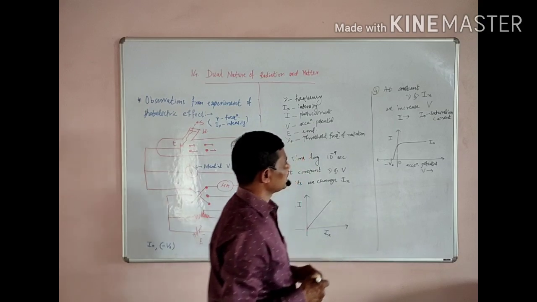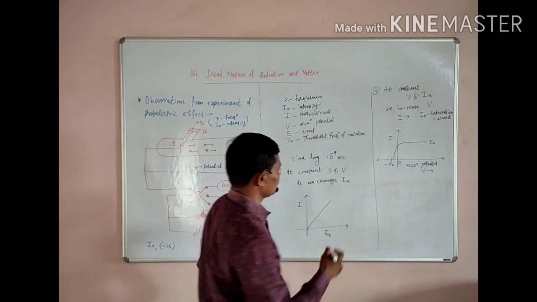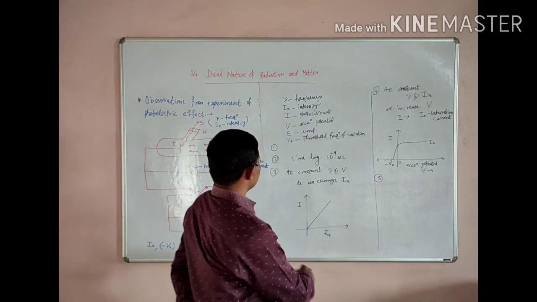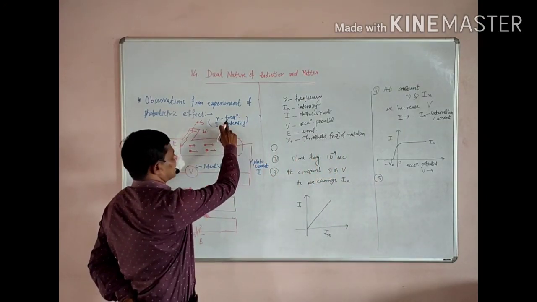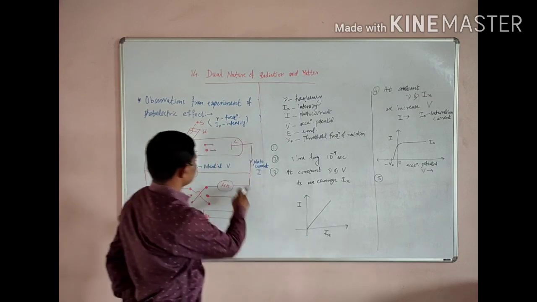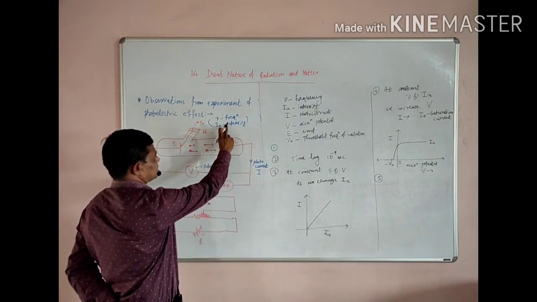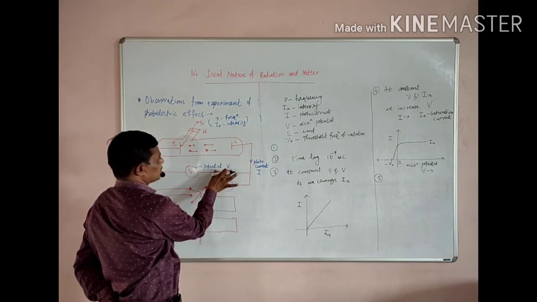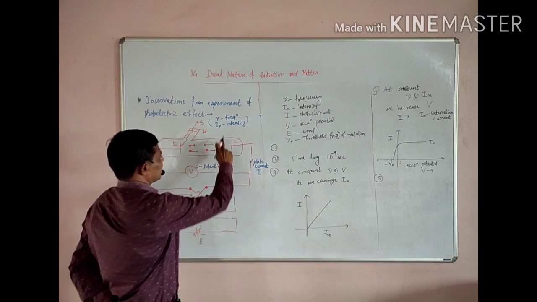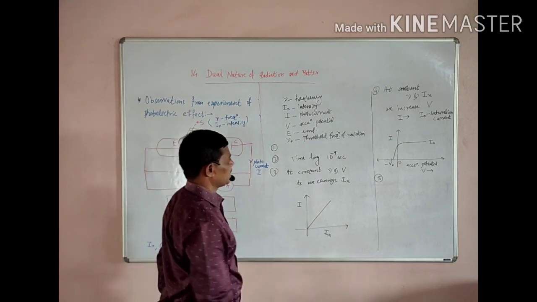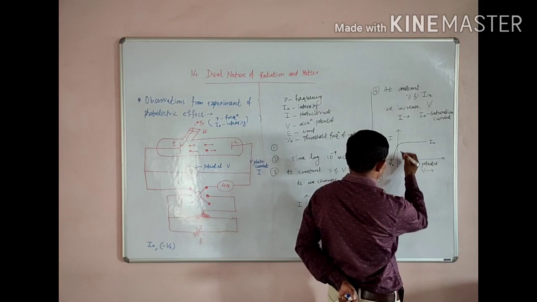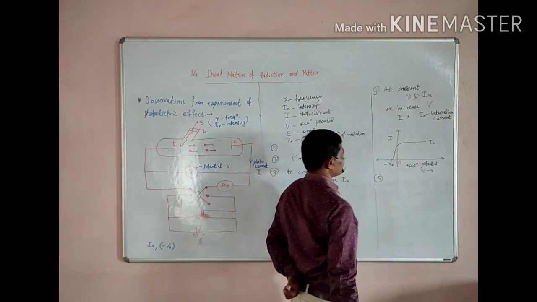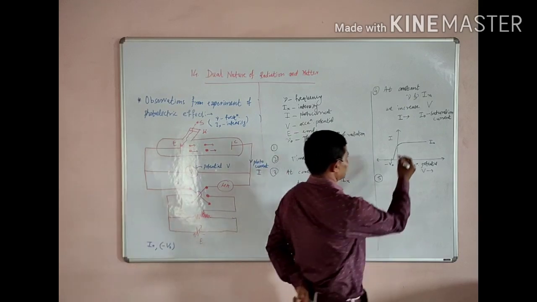The fifth observation is that if we increase the intensity at constant frequency, that means intensity and accelerating potential are the two parameters and frequency is constant, then this photoelectric current, or we can say the saturation current, is observed as follows.